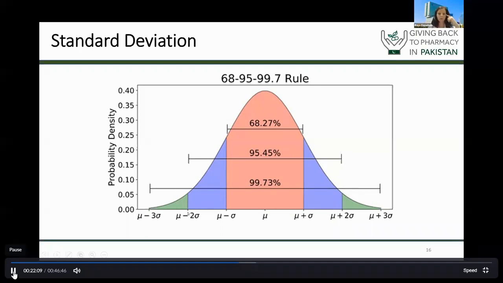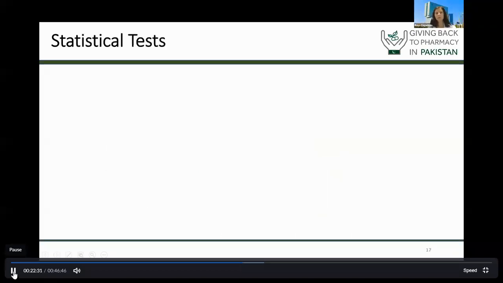If you're looking at 2 standard deviations, it's 95% possible that it will be in this range, and most of your data will be in this range. So the standard deviation is the difference from the mean, and is also the probability of your 1 point being located within this range. Your data type decides as well the statistical tests that you need to use, and of course the outcome you're looking for.